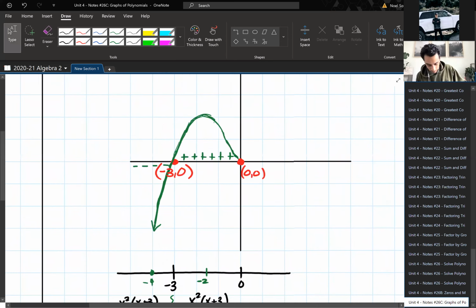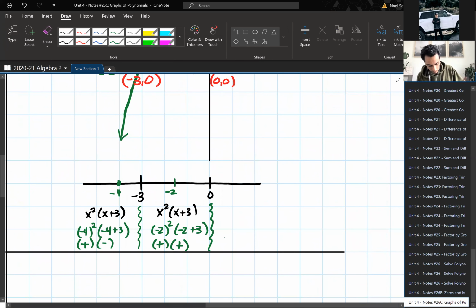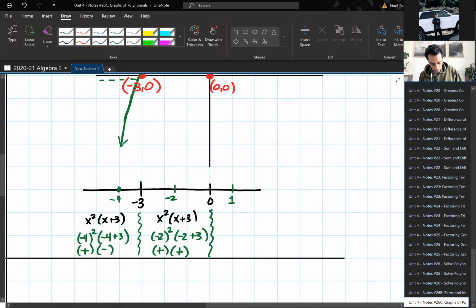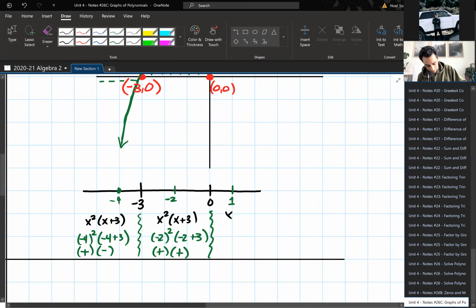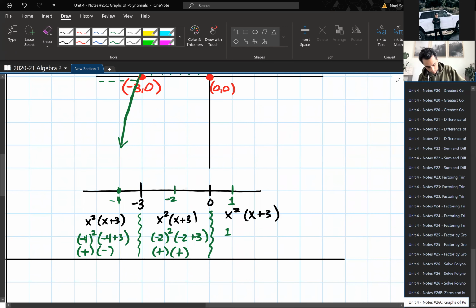So let's see. Let's confirm it with our sign analysis. So we're going to pick a value that's on the right side of 1. I'm sorry, on the right side of 0. So let's pick 1. We're going to run the sign analysis, make sure that it is going to match up with what the multiplicity says the graph should be doing. So in this case, right, we take 1, square it, 1 plus 3. 1 squared is a positive. 1 plus 3 is also another positive.